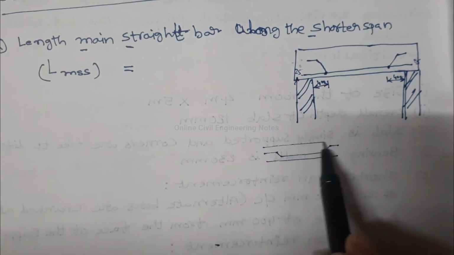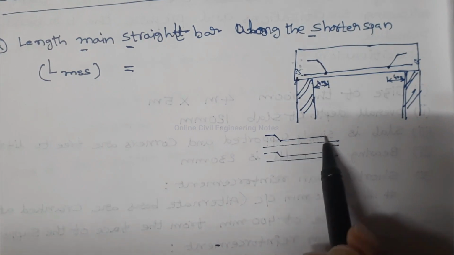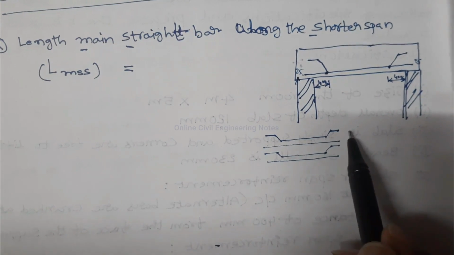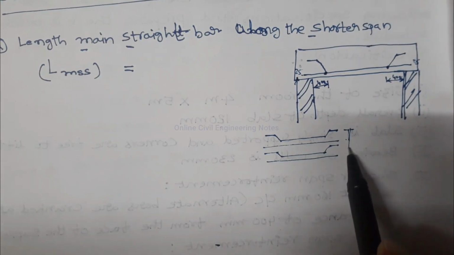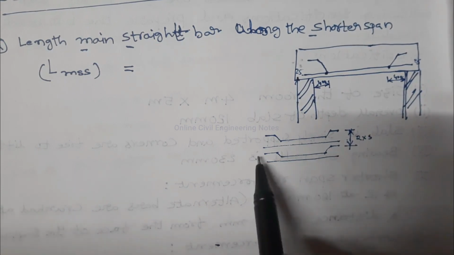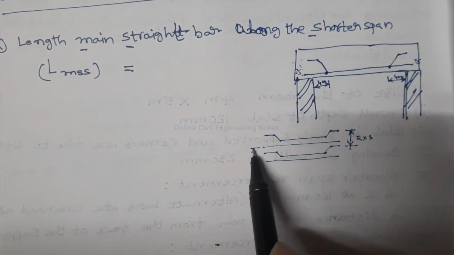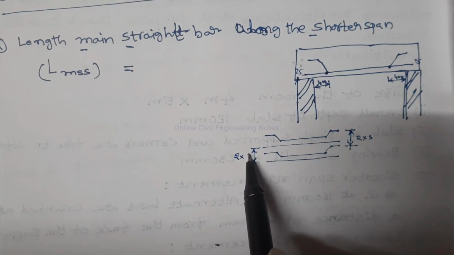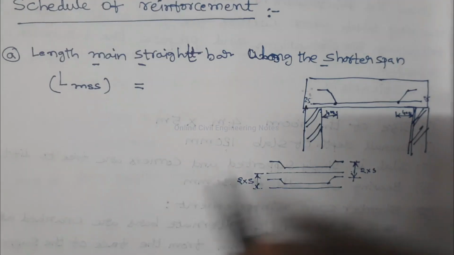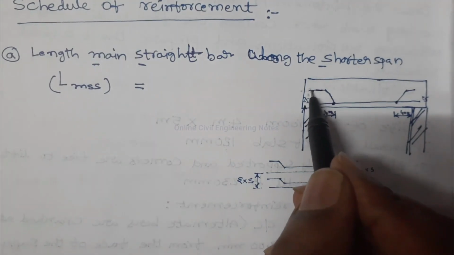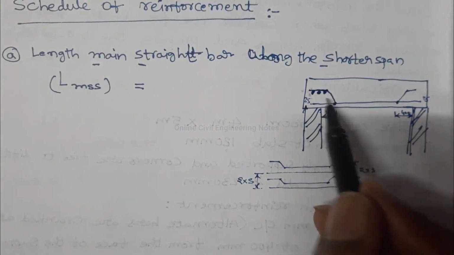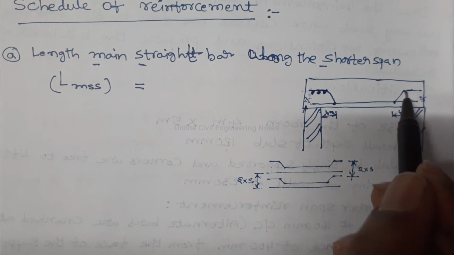See, the arrangement is, this is the laying of main bars. The spacing between the two crank bars is 2 times actual spacing. Similarly, for main straight bars, spacing is equal to 2 into actual spacing. And there are 3 hanger bars provided to support this crank on this side, and 3 are on this side.